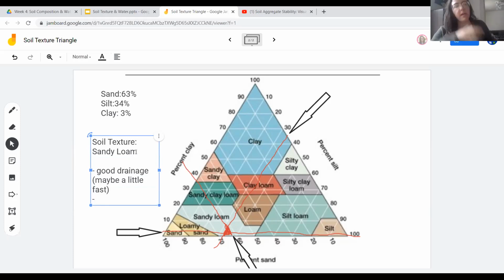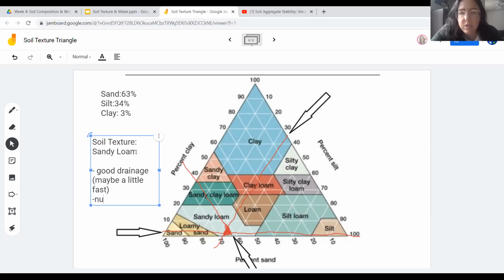And if water's moving a little bit faster through the soil than I like, what conclusions could we draw about the organic matter in the soil, or maybe a fertilizer that we might add? Is it going to stick around for a while, or is it going to go away? Go away, wouldn't it? It would wash through.